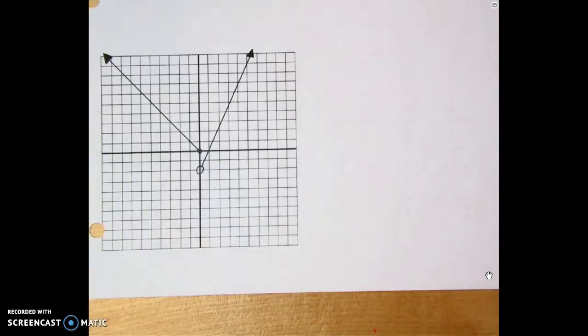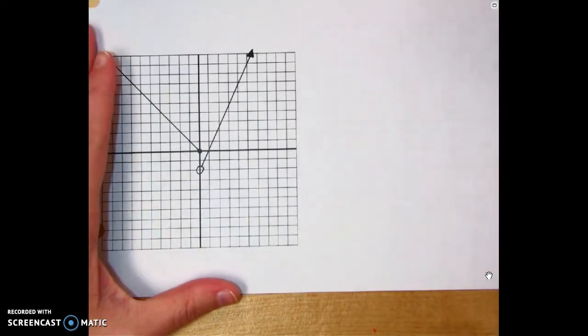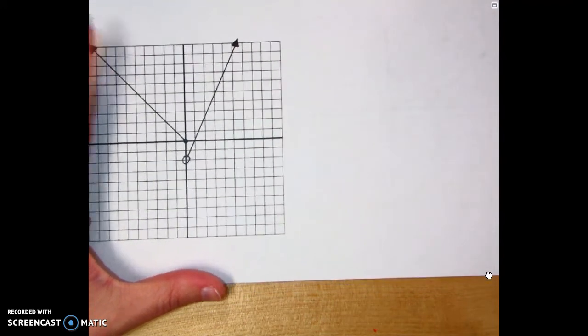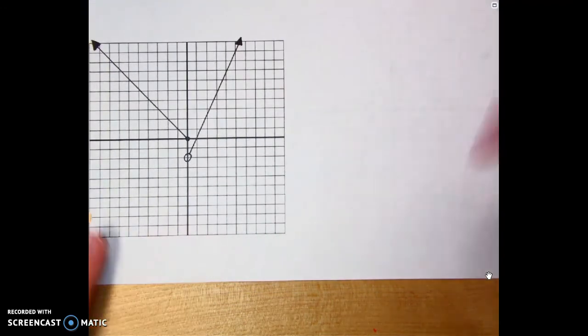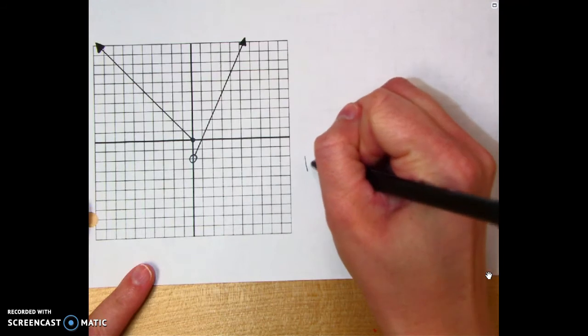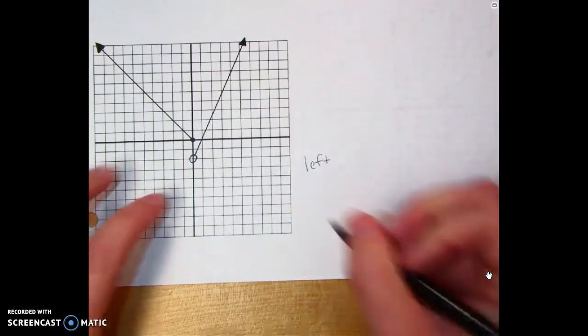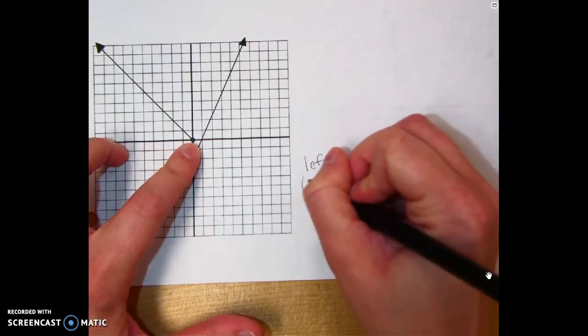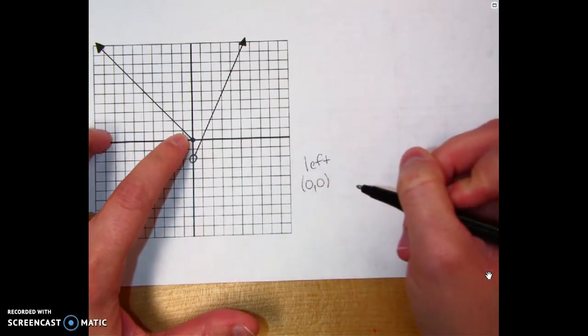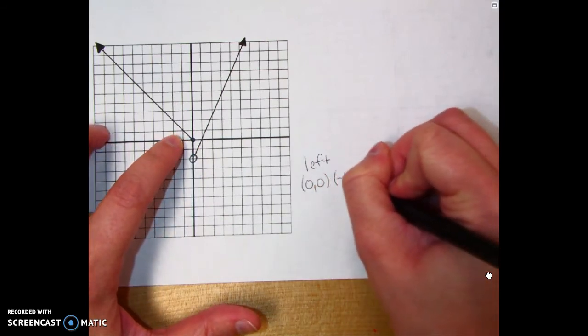Okay, let's see if you did this one correctly. I'm going to do it by finding the slope. Some of you probably just counted, and that is okay also. So for the one on the left, I am going to use the points 0, 0, and -1, 1.